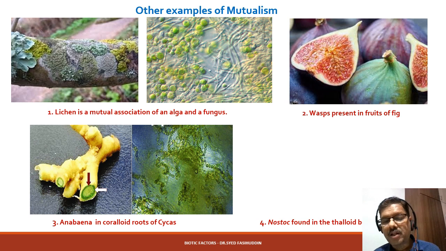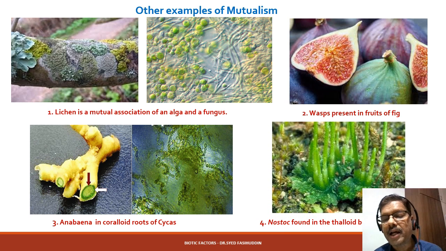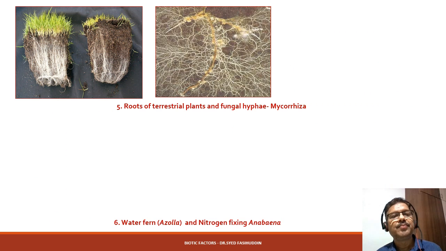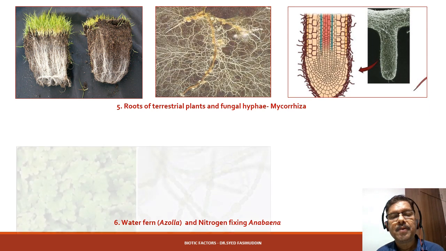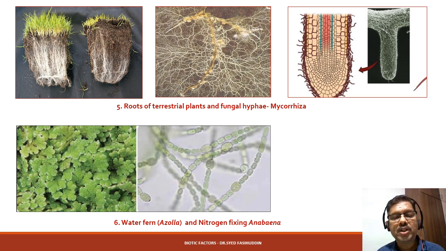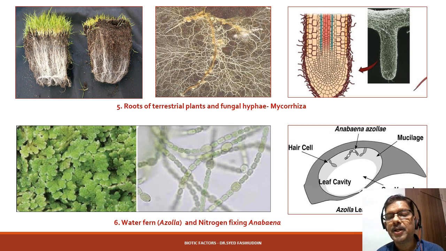And lastly, Nostoc found in the thalloid plant body of Anthoceros. Similarly, the roots of terrestrial plants and fungal hyphae, that is the mycorrhiza. Then water fern, that is Azolla, and nitrogen-fixing Anabaena.